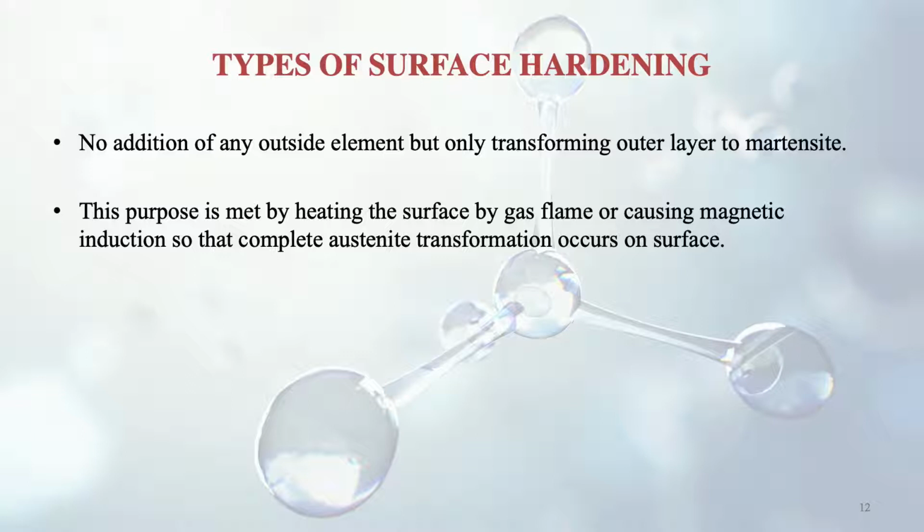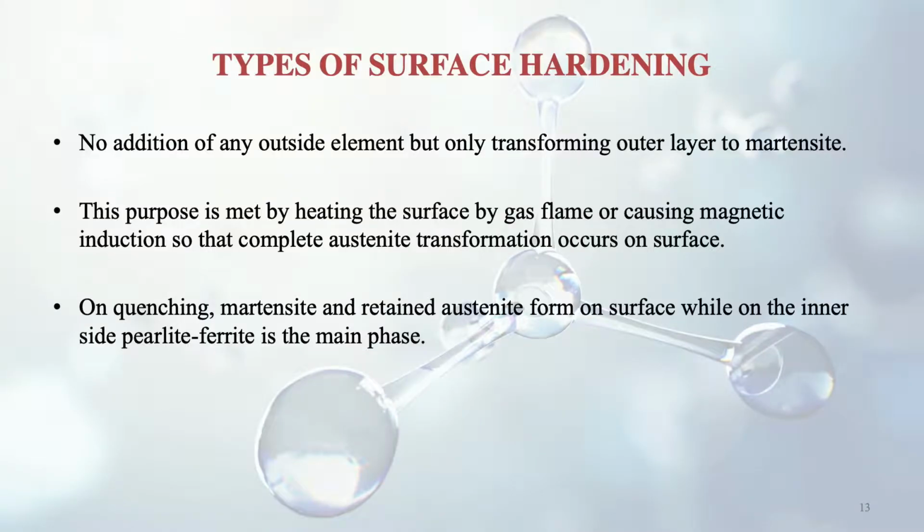Before the second one, we discussed the purpose of the first one. How is it met? By heating the surface by gas flame or magnetic induction, so that complete austenite transformation occurs on the surface. We subject only the surface to gas flame or magnetic induction.